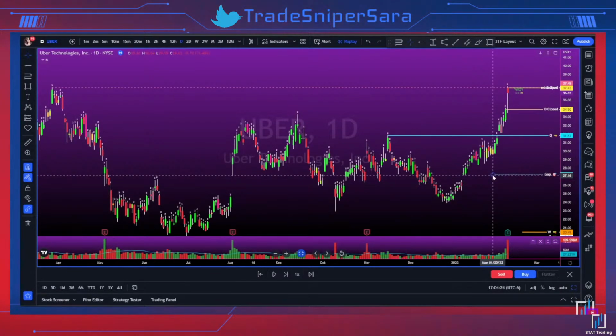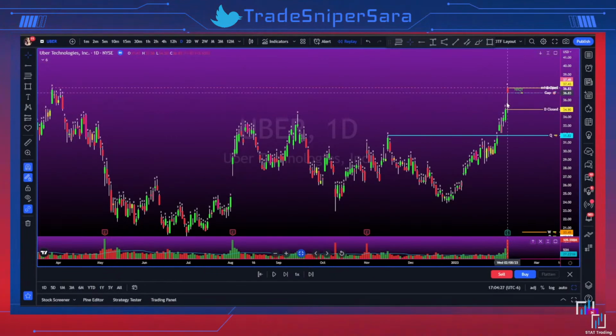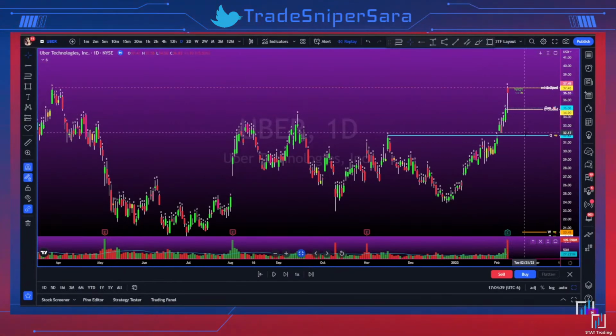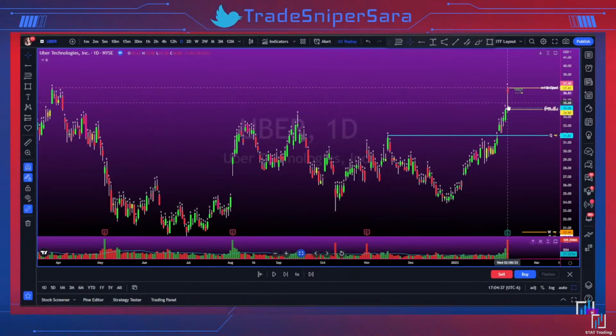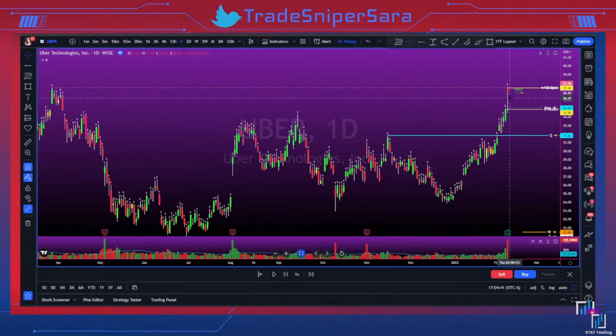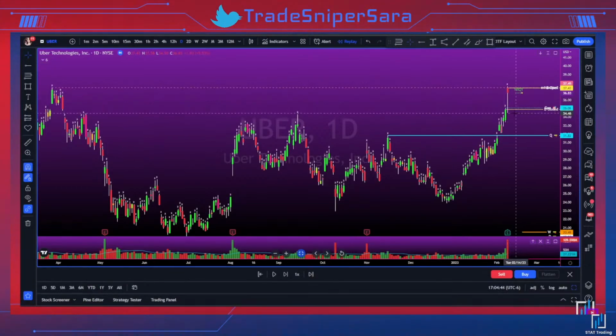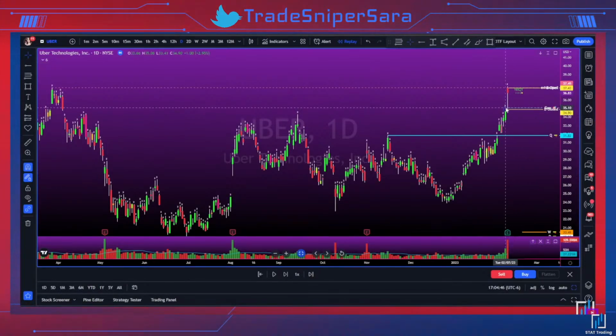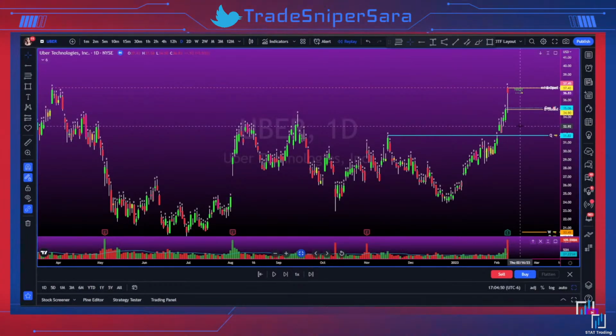And then another target methodology is the gap fill, because we know the market doesn't like to leave holes, so it's going to want to come and fill this hole, because remember, this whole candle doesn't exist. It opened here, and then throughout the day it's going to build its price action, and a gap fill target is always a major target for gappers.